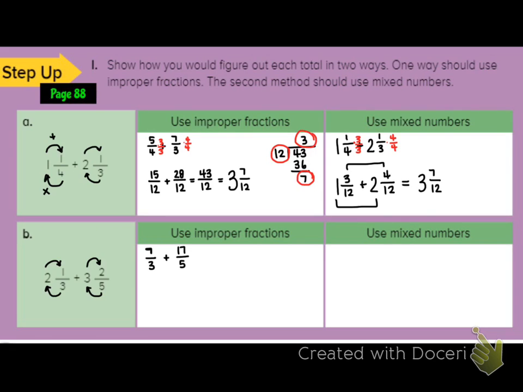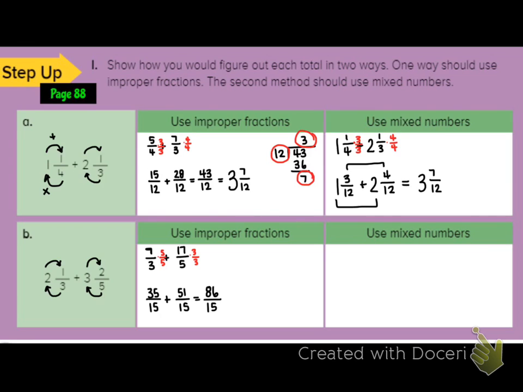I find my lowest common denominator for 3 and 5, and the lowest common denominator is going to be 15, so I'm changing them both to 15. 3 times 5 was 15, so 7 times 5 is 35. 5 times 3 was 15. 3 times 17 is 51. When I add those together, I get 86/15.